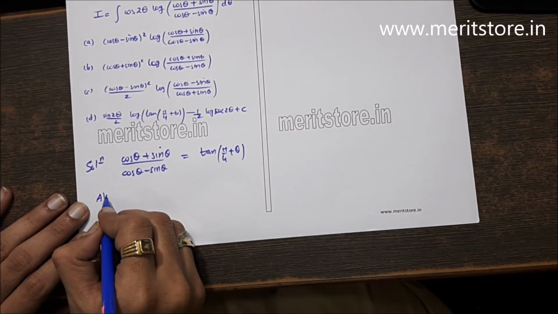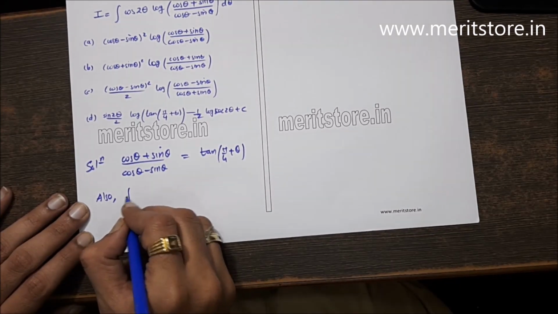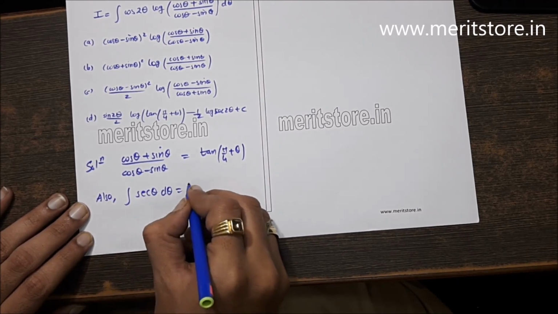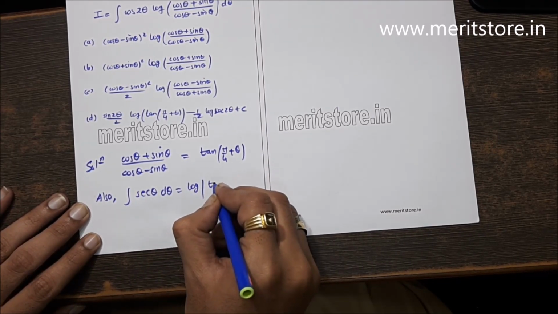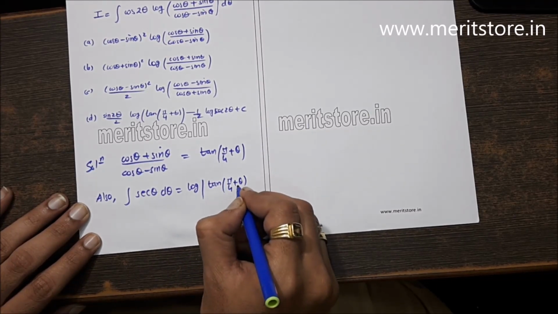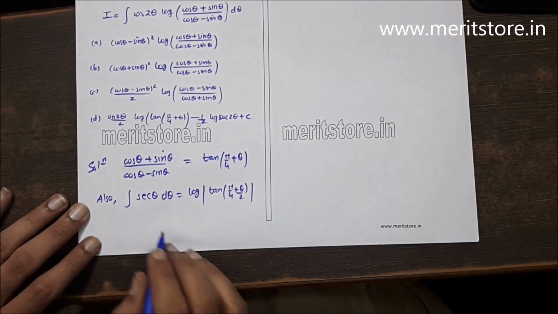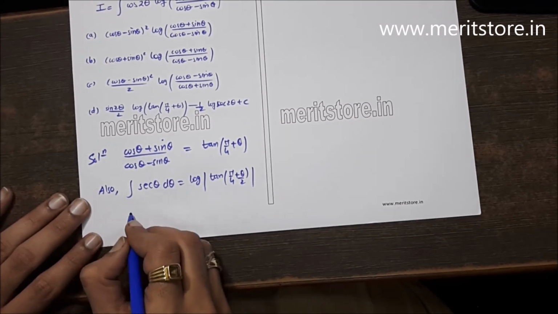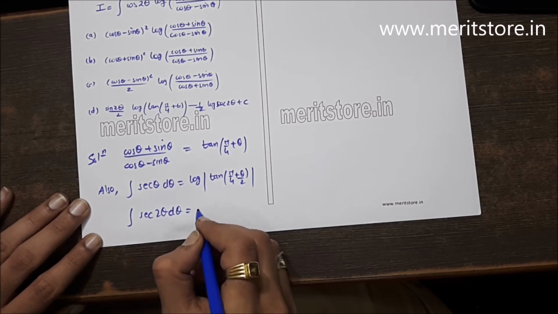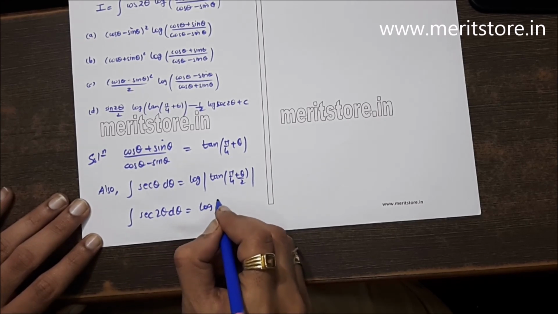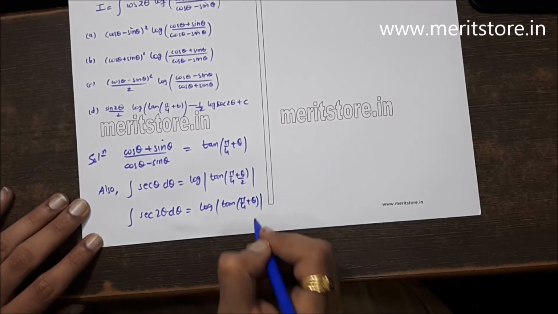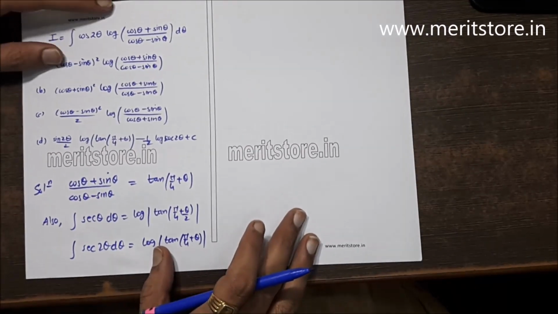Also, please note, we know that integral of sec theta d theta is equal to log mod tan (pi by 4 plus theta by 2). Taking this idea further, integral of sec 2 theta d theta would be log mod tan of (pi by 4 plus theta).